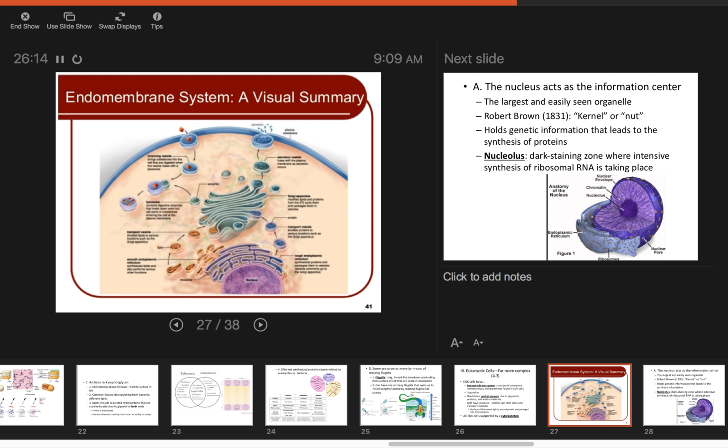So here's the endomembrane system, a visual summary of it. It's basically the ER, the Golgi apparatus, and the vesicles that flow between them. What happens is that maybe an mRNA leaves the nucleus, latches onto a ribosome, and a protein is made. That protein needs to get somewhere, maybe inside the cell, or it needs to leave the cell, so it gets packaged into a vesicle, leaves the ER, and travels to the Golgi apparatus.